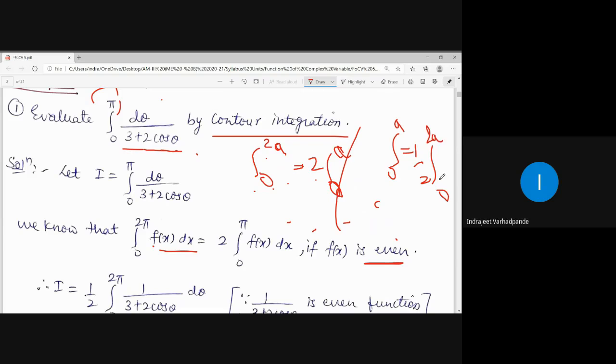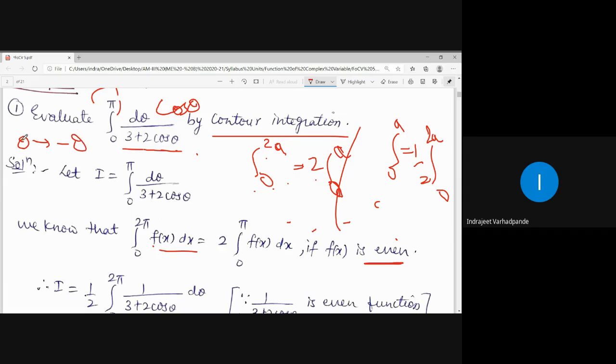Now the 2 has come, so how do we write the limits 0 to pi? 1/2 times limit 0 to 2 pi, provided the function is even. Now what is the rule for an even function? A constant is always an even function. cos theta is also an even function. How do we determine whether a function is even or odd? Replace theta by minus theta.